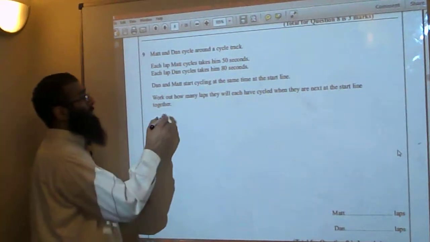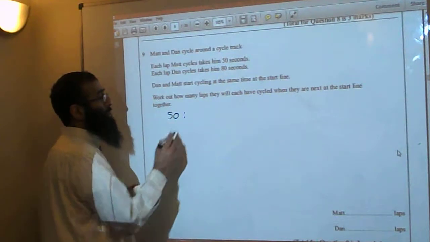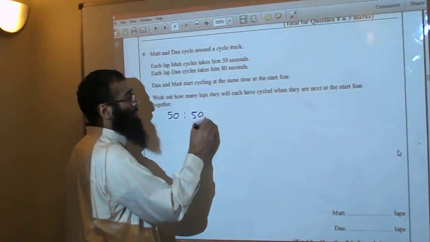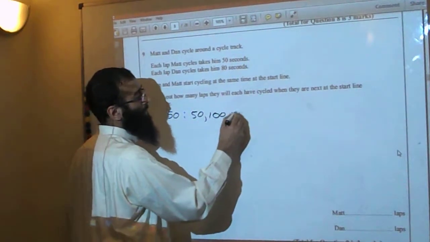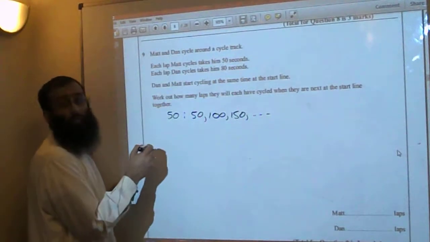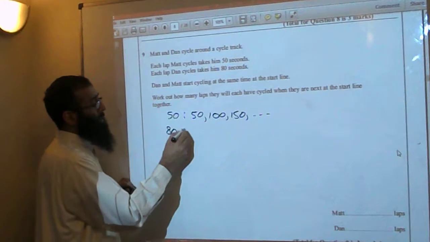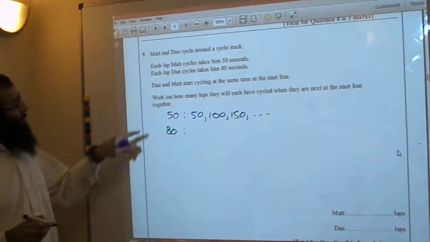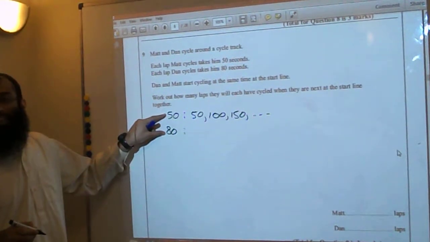One is going in 50-second intervals, so it'll be 50, 100, 150, all the way up the 50 times table. The other one will be the 80 times table. Now, what is the LCM of 5 and 8?